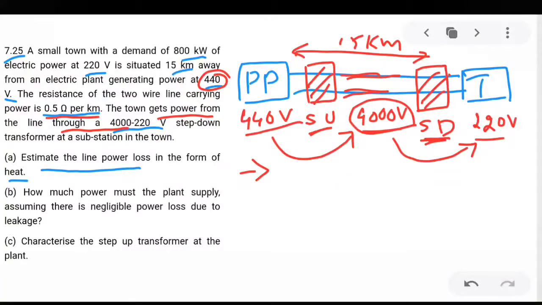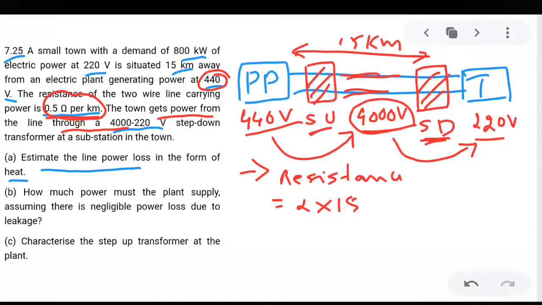So the total resistance will be 2 into 15 kilometer, which is the total length, and per kilometer this resistance is 0.5 ohm per kilometer.